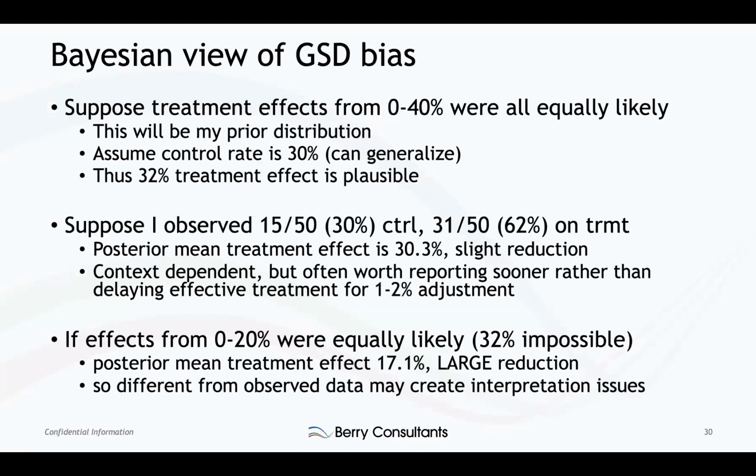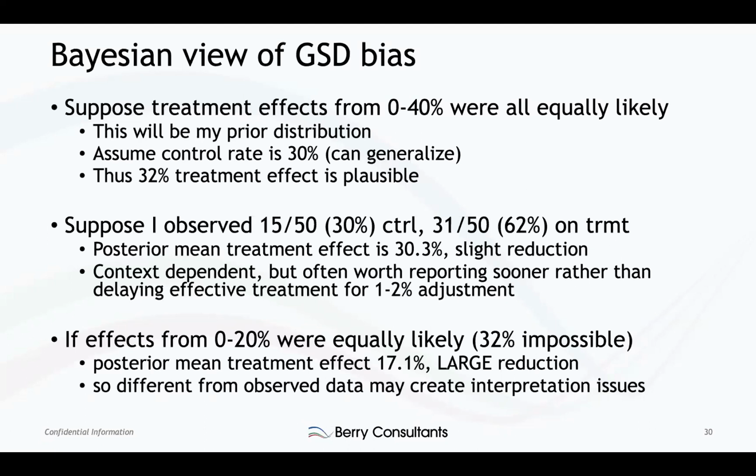So typically, a Bayesian would view this as, suppose that 32% is plausible. I would probably walk into this if I thought that was plausible. Maybe I consider I have a prior on treatment effects from 0 to 40%, all equally likely. If you want to put a more complex prior on it, that's fine.